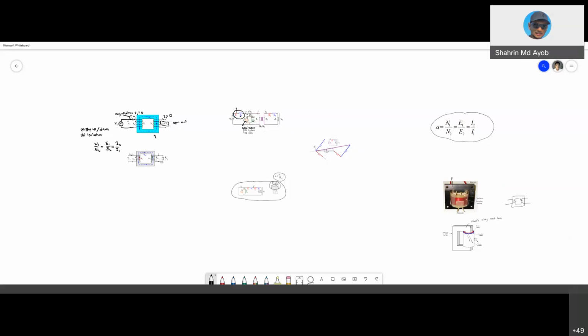I think those examples are sufficient for you to have a good understanding of Transformer Part 1. And in Transformer Part 2, there will be the no load test and the short circuit test. In that part there will be a lot of examples and exercises, so we will concentrate more on that.